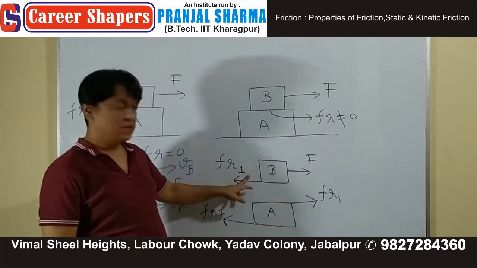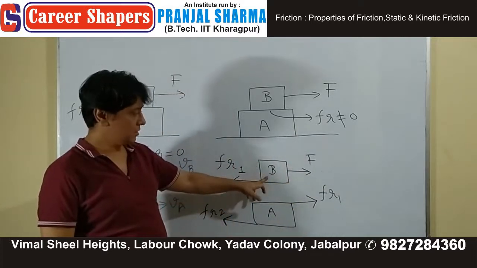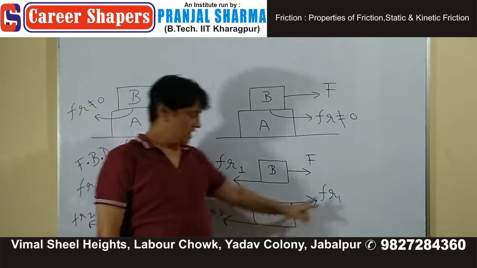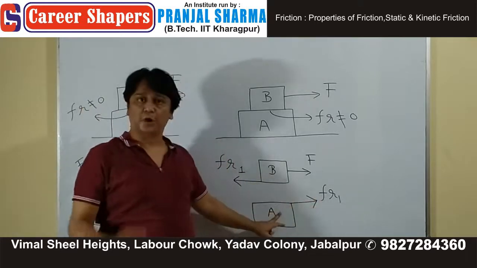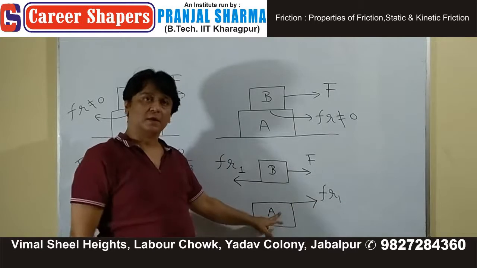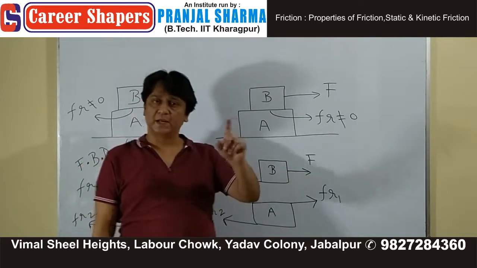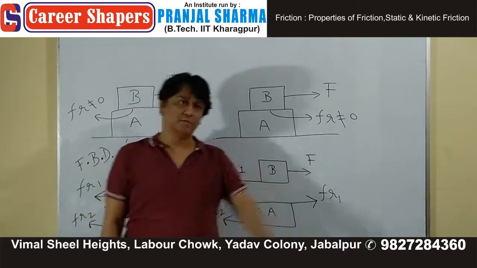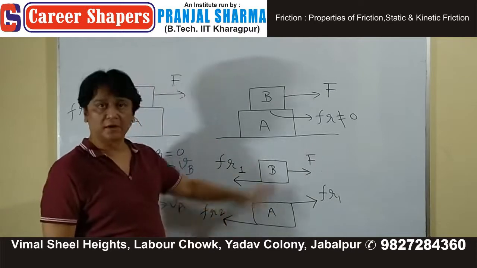Friction is opposing motion of B, FR1, but FR1 is producing motion in A. In both cases, it is opposing relative motion between A and B.